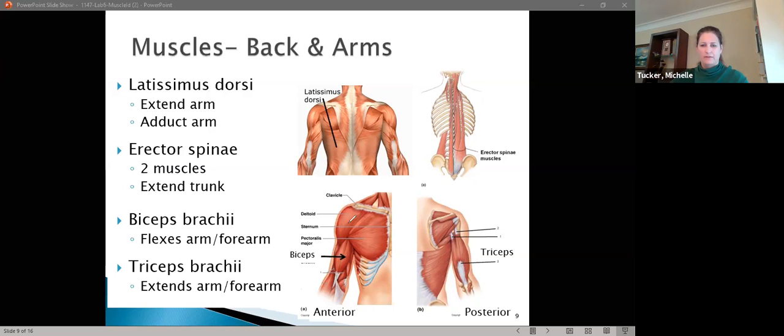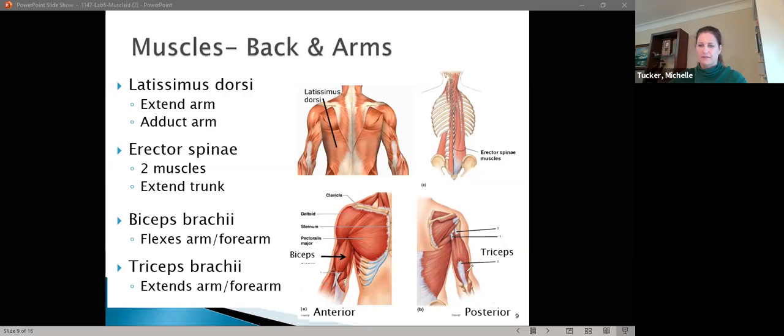On the anterior aspect of the body, we have the very large biceps brachii muscle. It is the primary forearm flexor, but it can also flex at the shoulder. This is looking at the posterior view, so looking back, you can see latissimus dorsi.